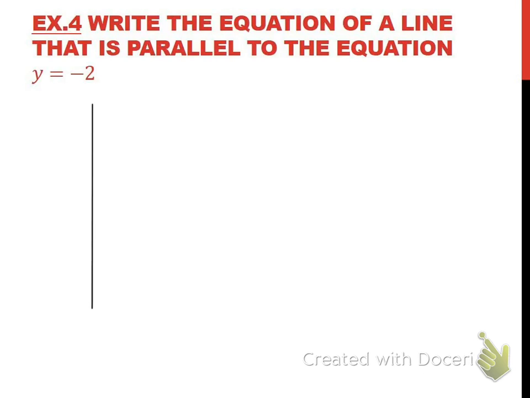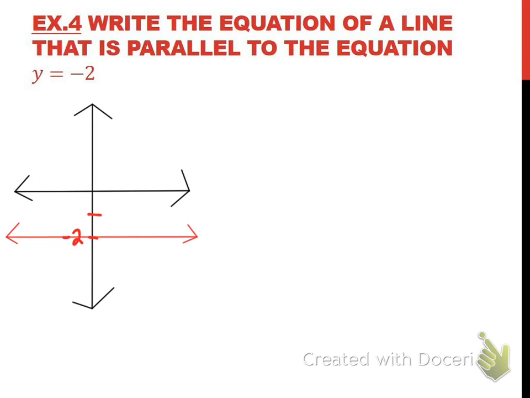So if you wanted to sketch a little coordinate plane, if that helps you visualize this, you can. Okay, the line at y equals -2 is going to go side to side through -2. Are we all in agreement about that graph?